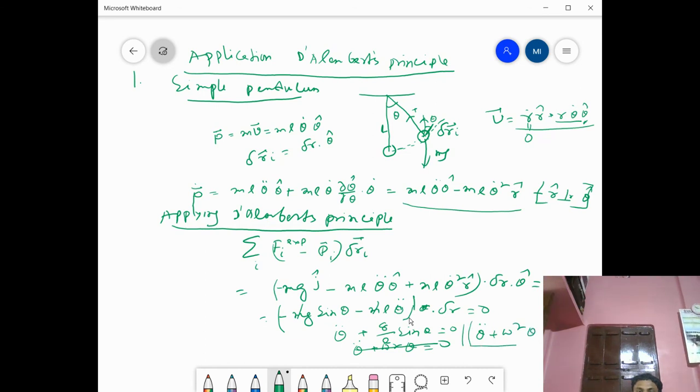This is the equation where omega equals root over g by l, and sin theta equals theta for small angle approximation, right? So you find the equation of motion by applying D'Alembert's principle. This is very simple.